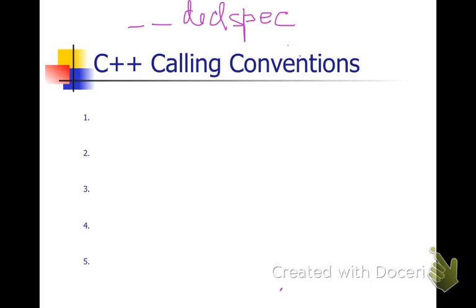So there are 5 steps when you're making a call from C++ to anything, and this is C++ to C++, C++ to any other language, whatever level.